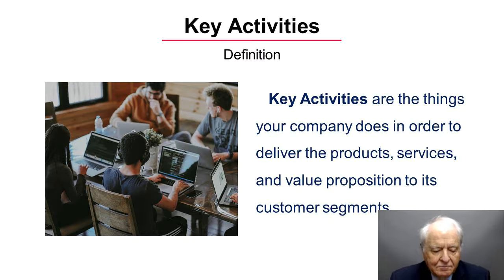So we think about this in terms of what does your company or organization do to deliver the products or services and the value proposition to its various customer segments. Again, the key here is the word do. What do you do? What are your activities? As opposed to what are the benefits that you deliver.